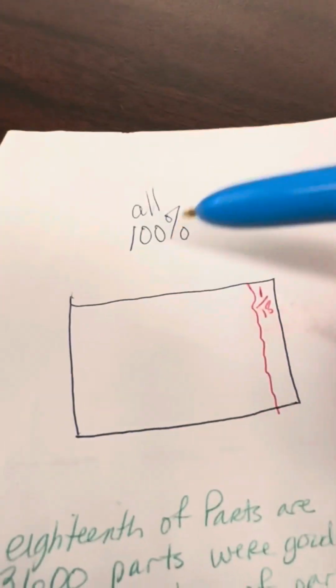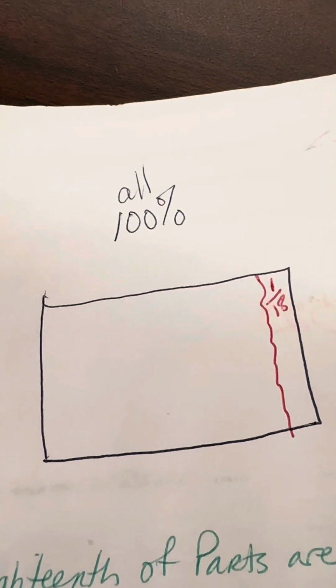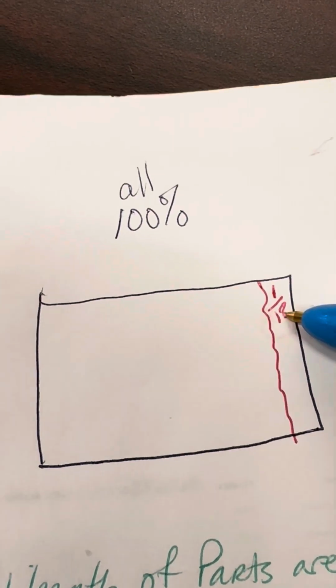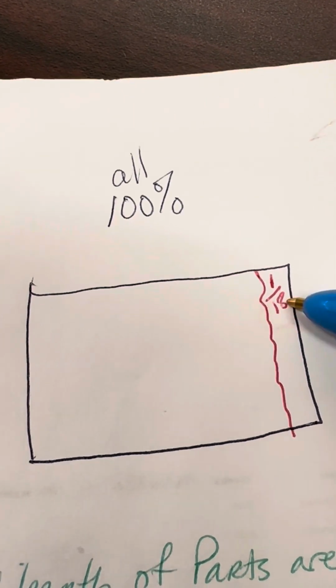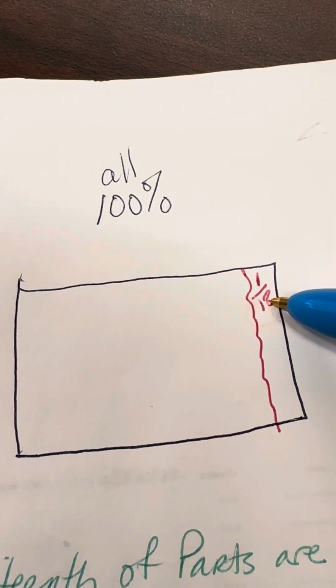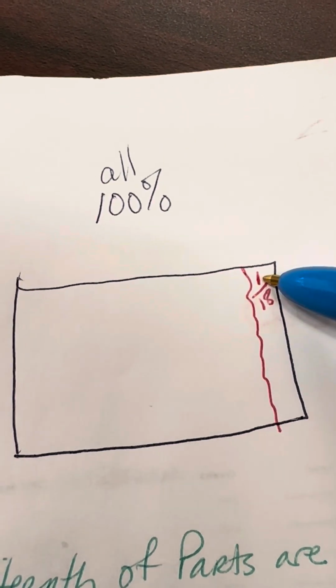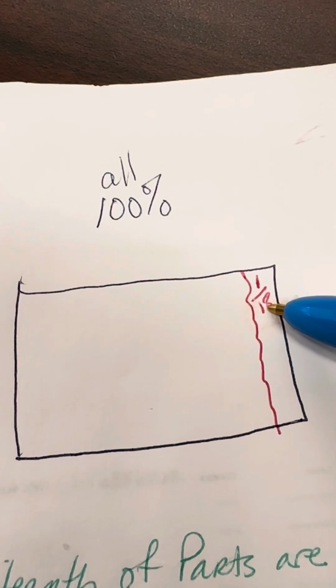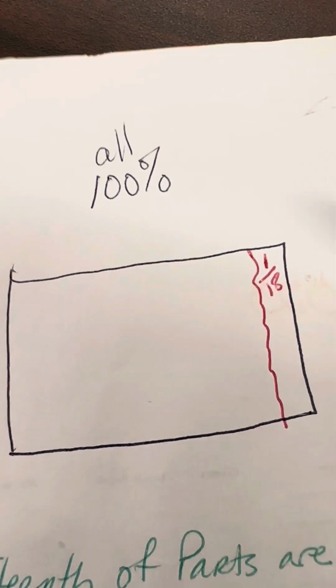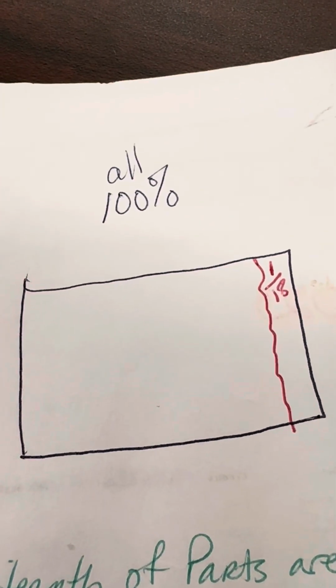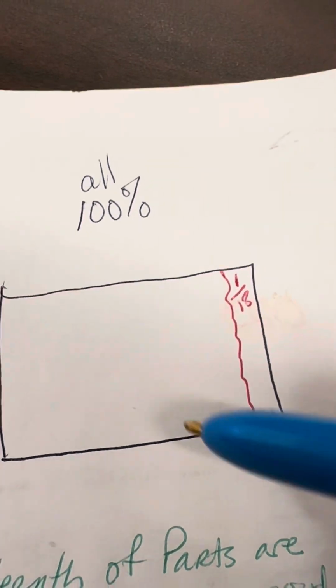And stop and think a minute about, well, if 1 out of 18, that's what that means, 1/18, 1 out of 18 parts altogether, 1 part rejected out of 18 total made, then the question becomes, how many were good?